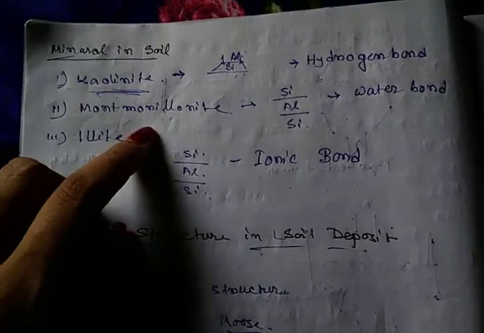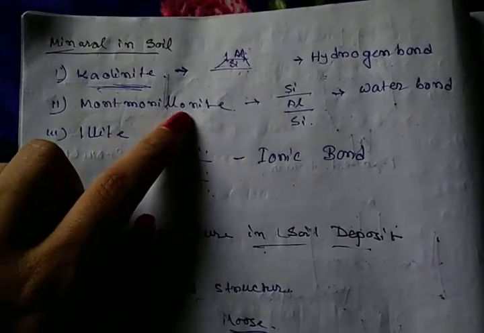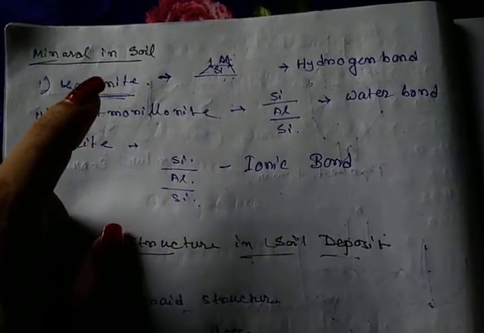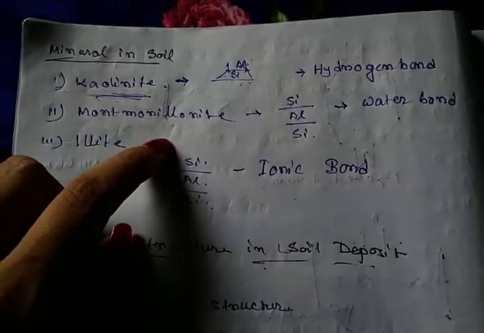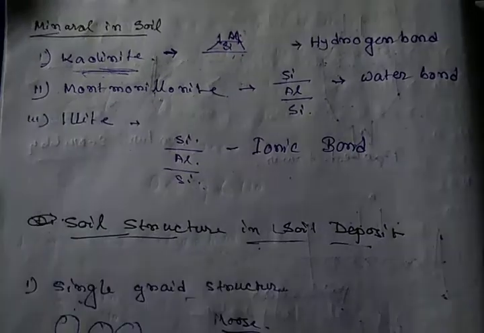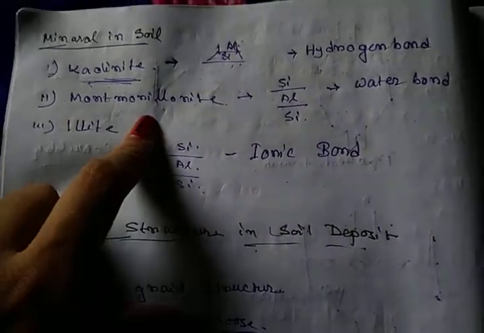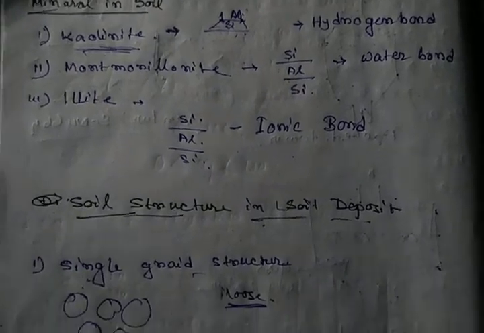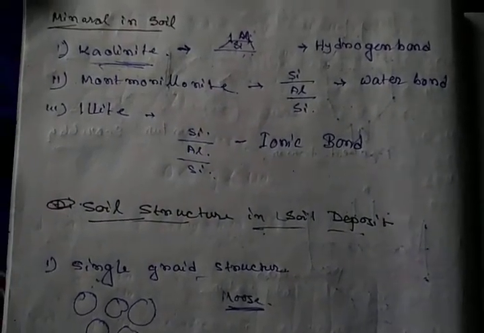The example of this montmorillonite mineral is black cotton soil. In this black cotton soil, a huge quantity of montmorillonite is present, and they can hold water.